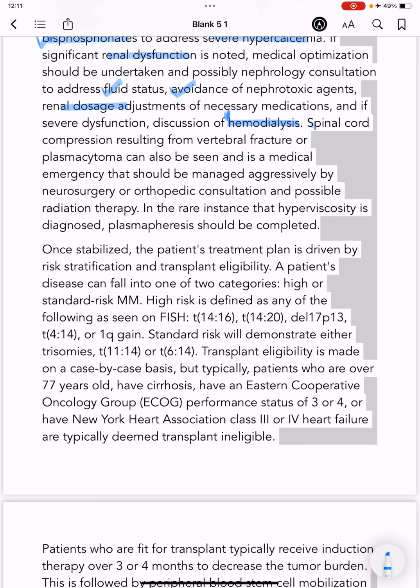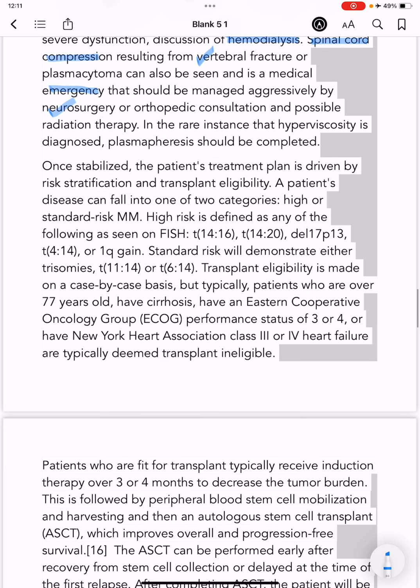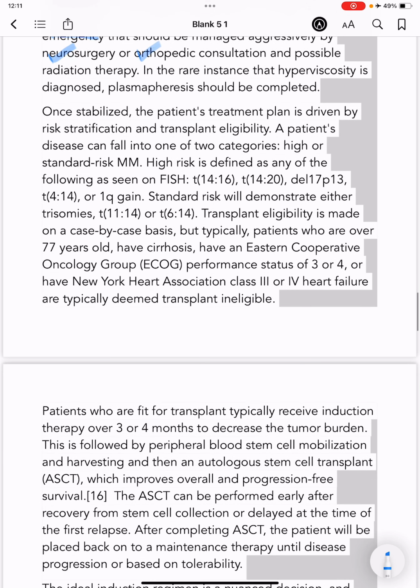Why does it occur? Osteolytic lesions lead to vertebral fractures, or a plasmacytoma may be compressing the cord. This is a medical emergency and should be managed by a neurosurgery or orthopedic consultation.